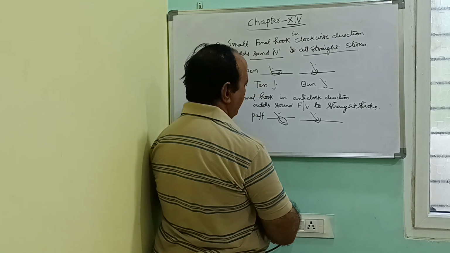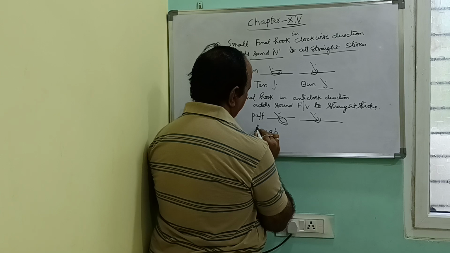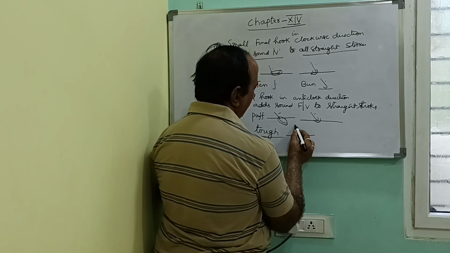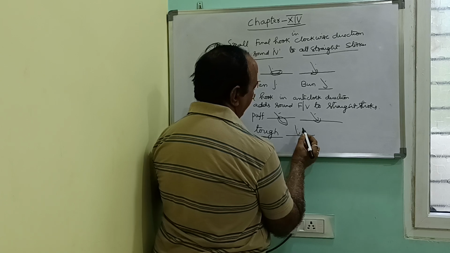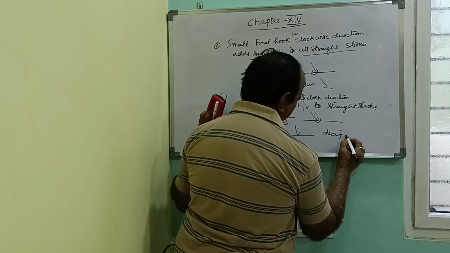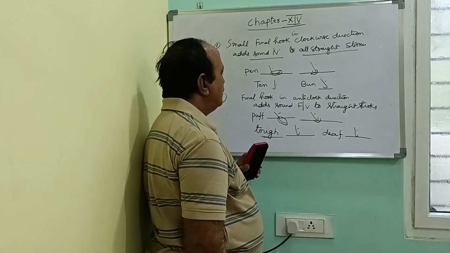Same way, tough. After T there is the sound of F here. How will you write it? T and F, tough. Same way, deaf: D and F, like this.